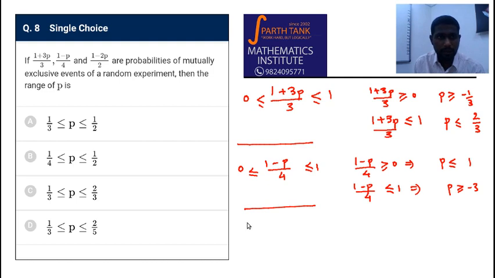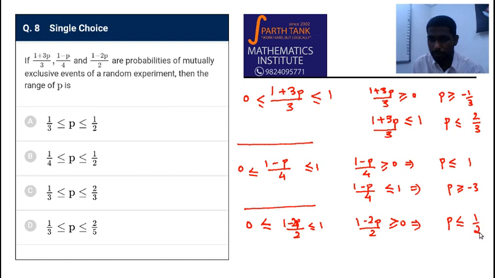Then the third probability, (1 minus 2p)/2, should be greater than or equal to 0 and less than or equal to 1. So if I say it is greater than or equal to 0, this would imply minus p greater than minus 1 by 2, or p should be less than or equal to 1 by 2.